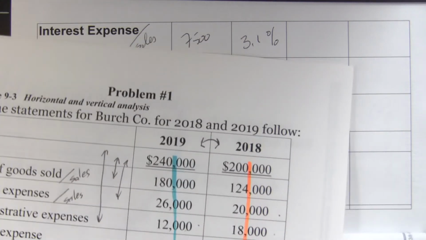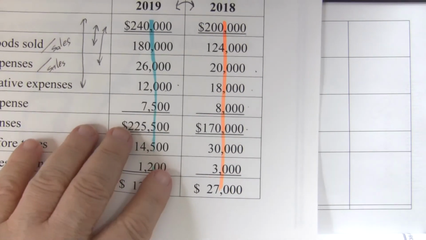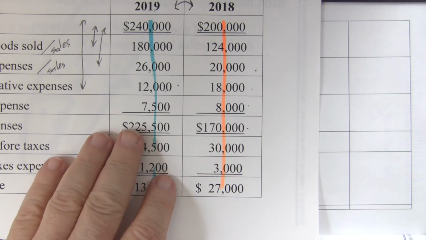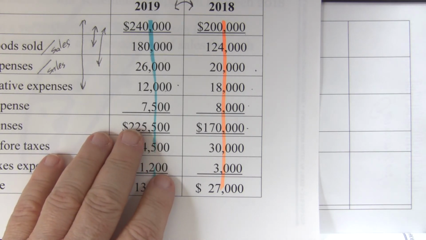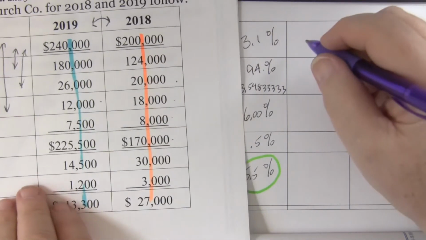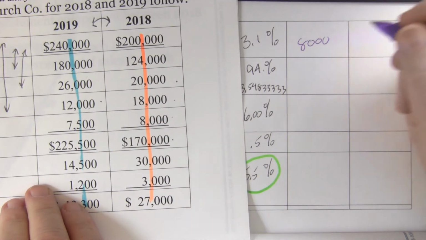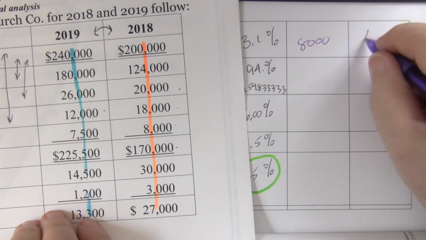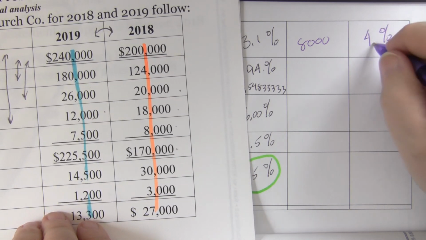We're going to continue on down. We're now at interest expense. Our interest expense last year was $8,000. Divide interest expense, 8,000 by 200,000. We come up with 4%.